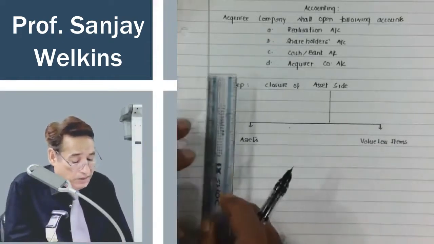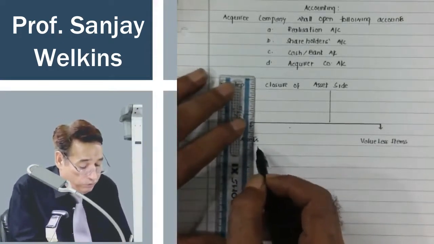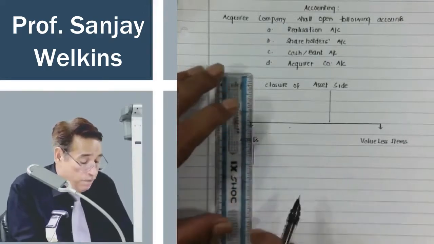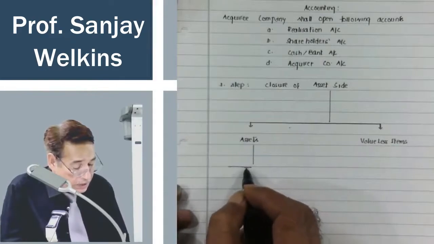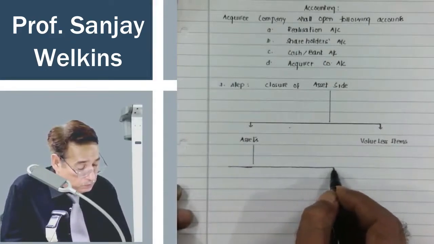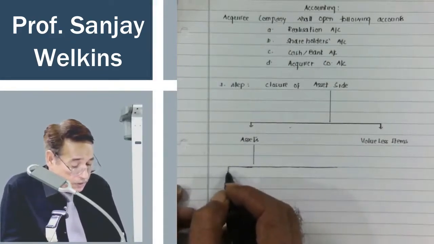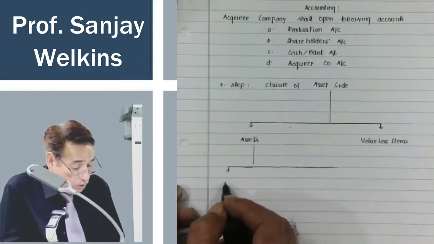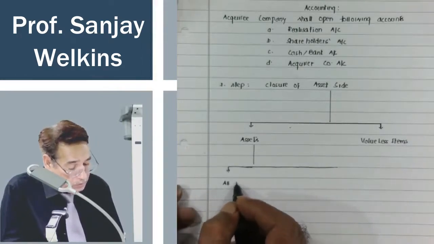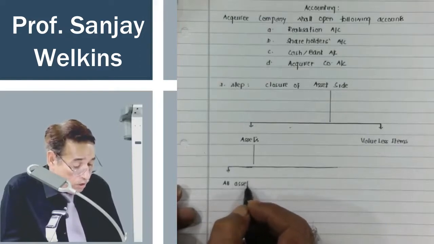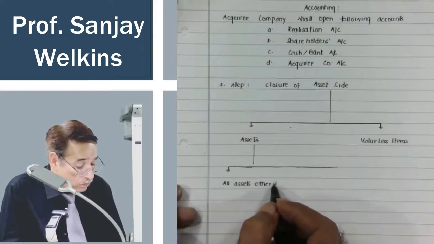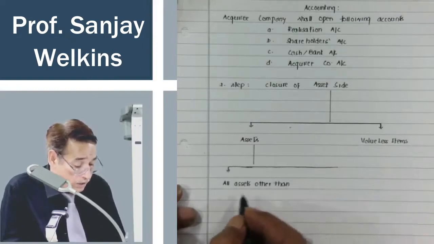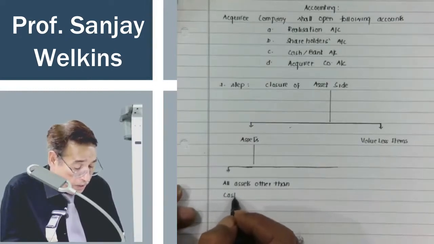In order to close the asset side, first of all, I am going to take all the assets other than cash and bank.